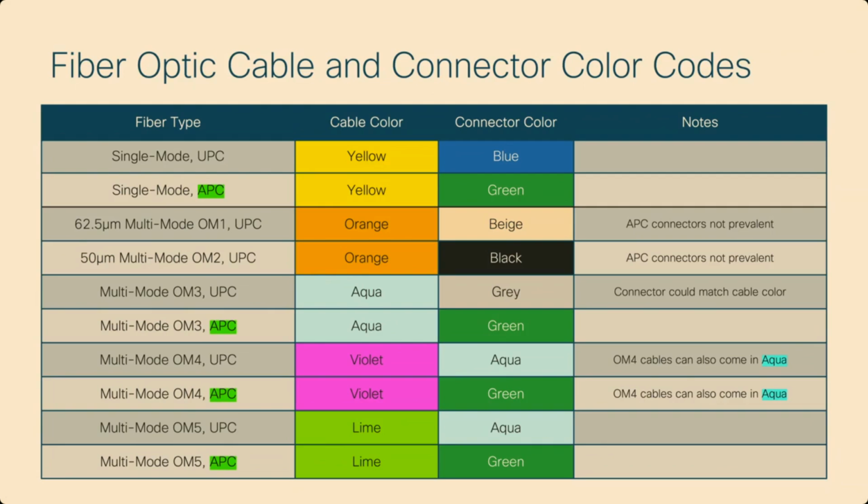So just look at the writing on the side if you see an aqua cable to see if it's OM3 or OM4. There is also OM5, which I don't see very common in data centers just yet, but I do see more and more of it as time goes on. And the color for those cables is going to be lime green. Again, with each of these cables, if you see a green connector on it, that's going to be an APC connector.